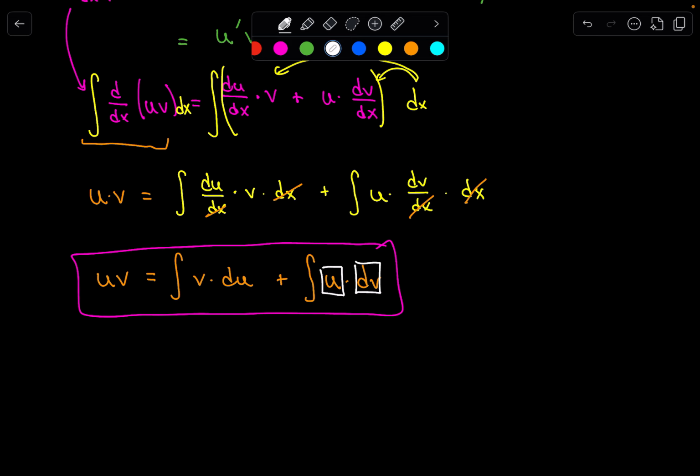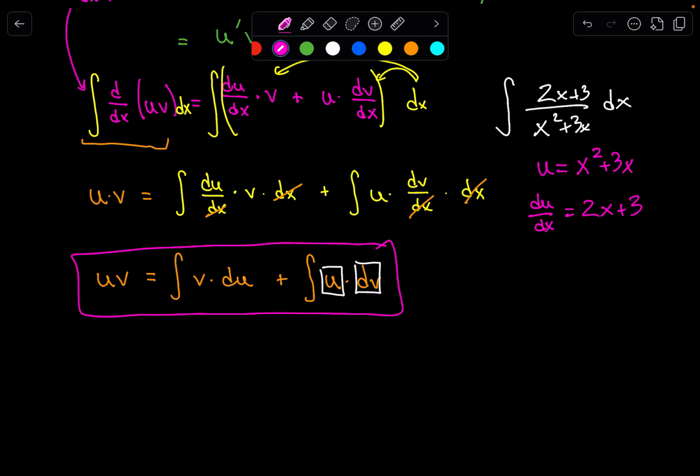Because don't forget, in the video that we covered for u substitution, for instance, if we were doing the integral of (2x plus 3) over (x squared plus 3x) dx, and we let u be equal to x squared plus 3x, then du/dx was equal to 2x plus 3, and we could write this as du equals (2x plus 3) dx.